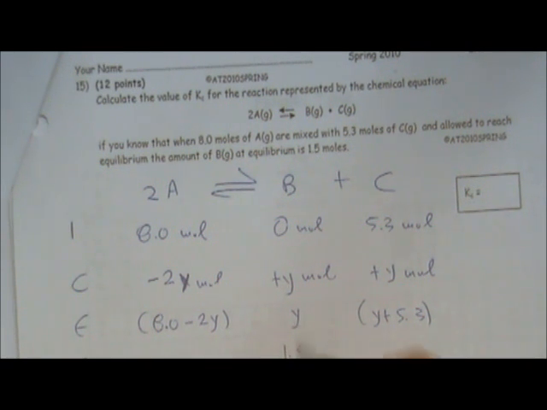If Y is 1.5, then we know also this, because they are a function of Y. So this is going to be 5.3 plus 1.5, and this is going to be 8 minus 2 times 1.5. So if I write again, equilibrium is going to be 5.0 moles. You do the calculations. 1.5 moles and 6.8 moles.